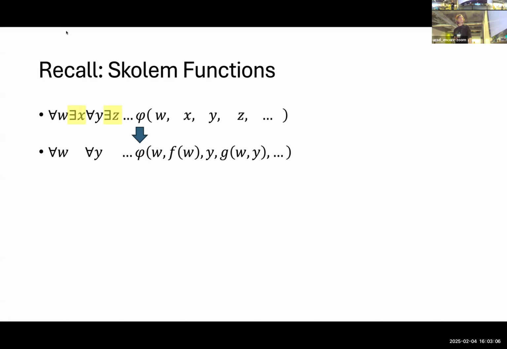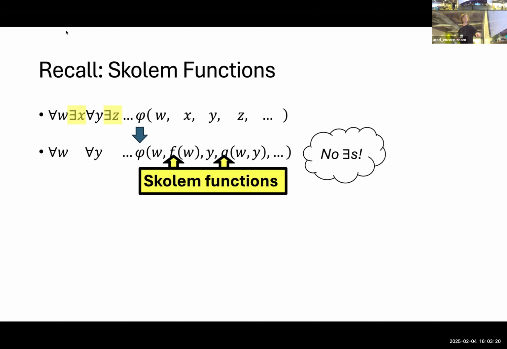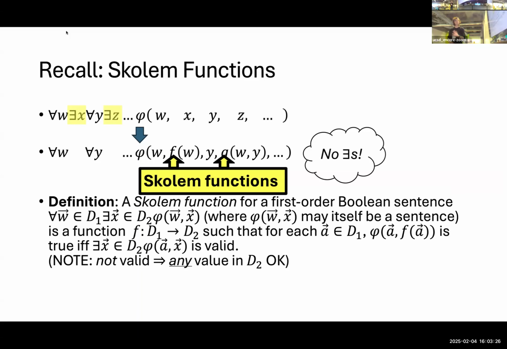And now this is a formula that doesn't have existential quantifiers in it. There's the functions, but it's only universal quantifiers. These functions I use to replace the existentially bound variables are called Skolem functions. So formally, all right, we've got a first order Boolean formula with everything quantified.